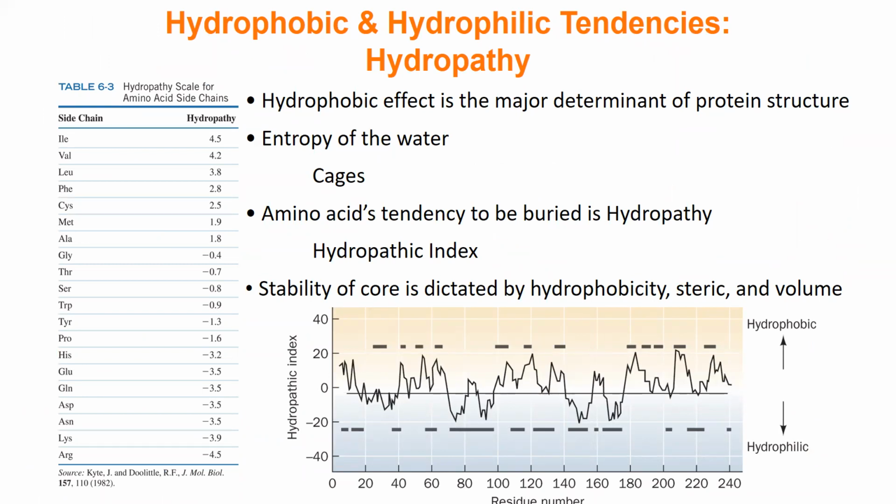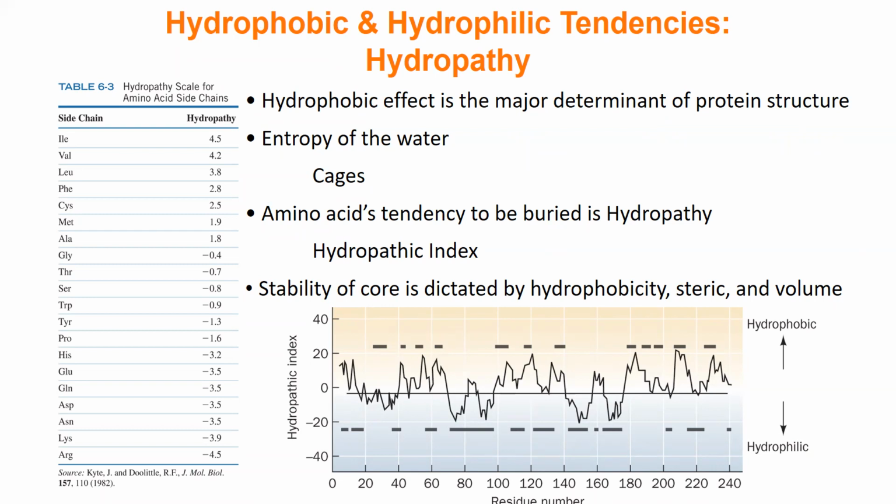So the next topic is, how can we tell, based on amino acid sequence, what parts of the proteins are likely to be buried inside the protein, and which ones are likely to be on the outside.